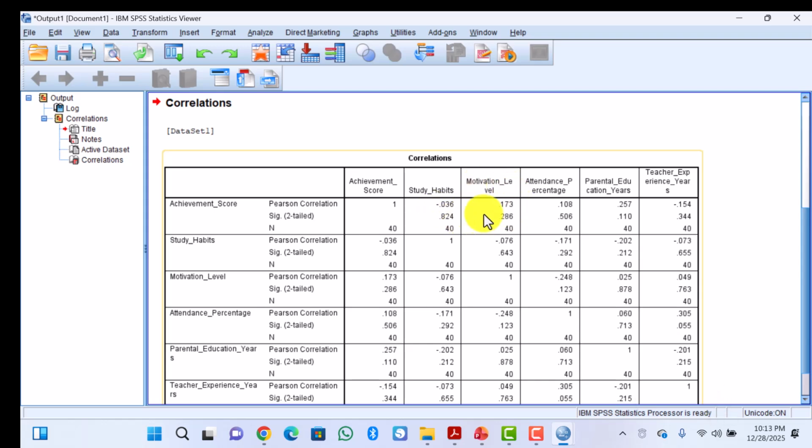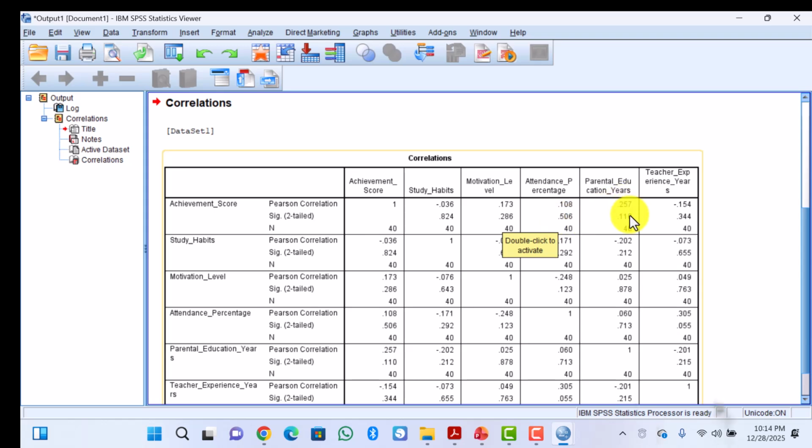Motivational level has a positive relationship because the Pearson correlation value is 0.17, but the significance two-tailed is greater than 0.05, so this relationship is not significant. Attendance percentage also has a positive relationship, but it is not significant.